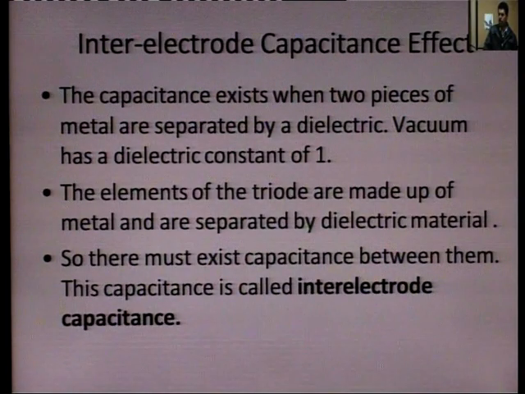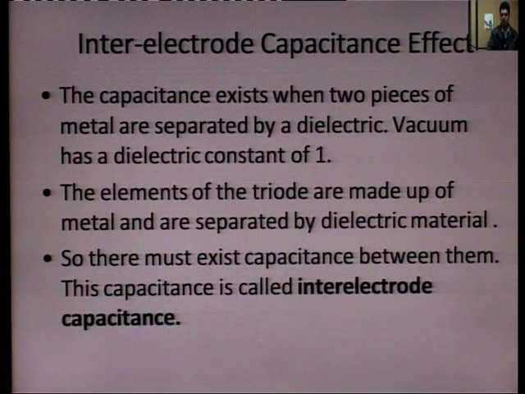Air gap means dielectric material, air acts as a dielectric. So, a capacitance will exist between two electrodes. A vacuum tube like a triode consists of three electrodes, anode, cathode and grid. A capacitance may exist between them.